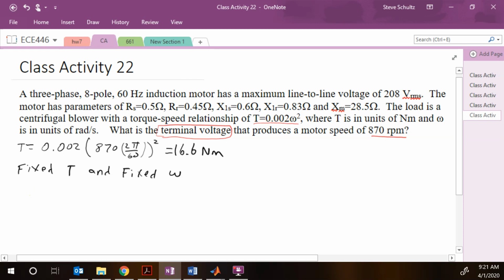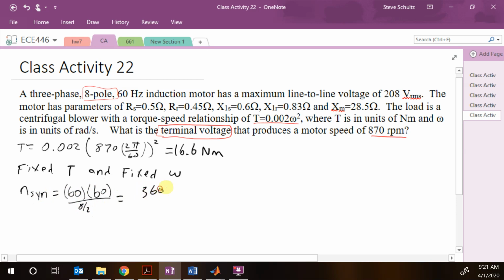Now you see we have an 8-pole system here. So that means that our synchronous speed is going to be equal to 60 hertz times 60 to convert it into revolutions per minute divided by 8 over 2.